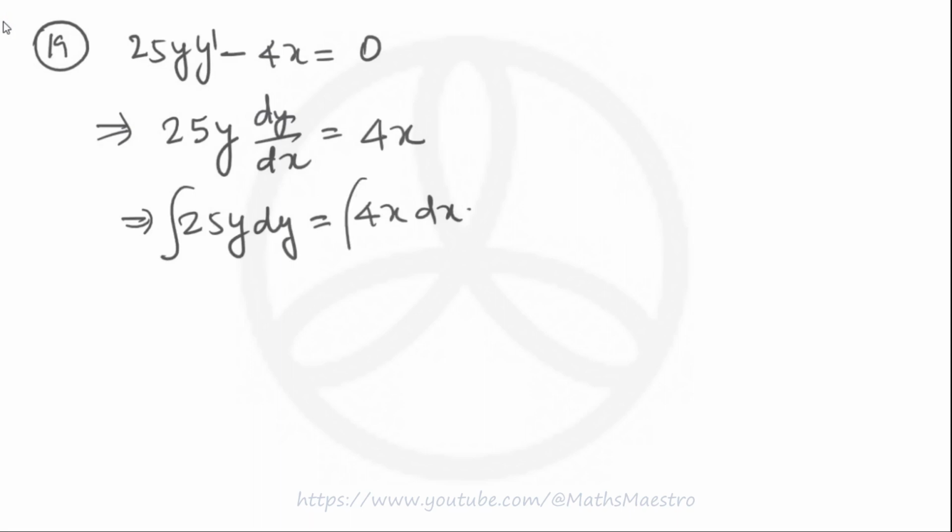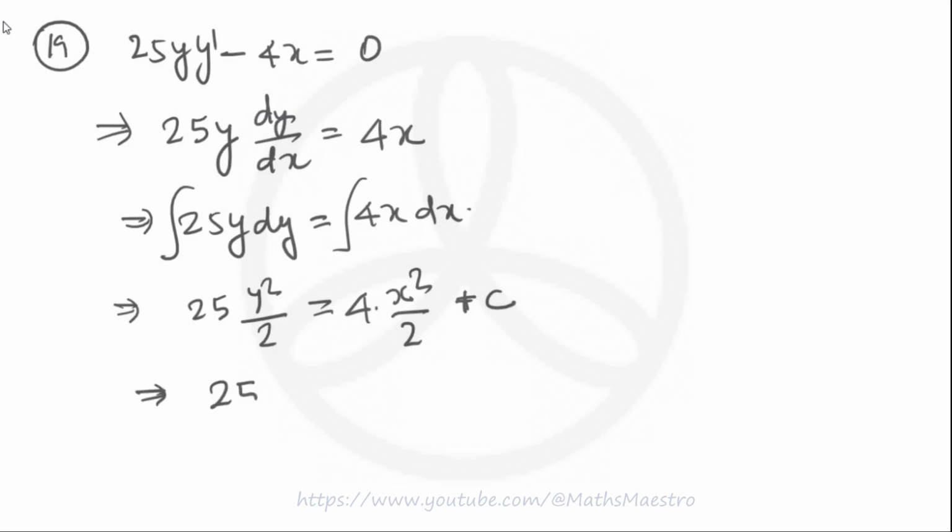Now if we integrate on both sides, this will become 25y square divided by 2, and this will become 4x square divided by 2 plus a sign of constant, or integration constant here.